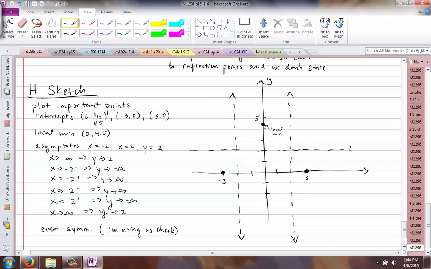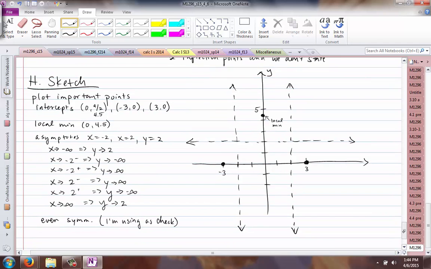And y equals 2. Alright. And then I have all that limit stuff, which I'll use when I make the graph. It's got even symmetry and I'm using that as a check, so the fact that those asymptotes are symmetric about the y-axis is definitely a good thing.